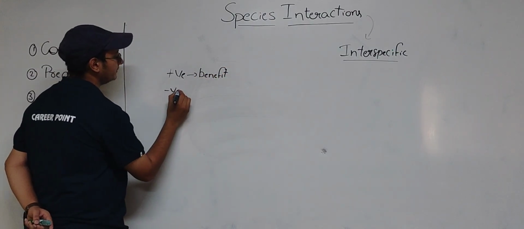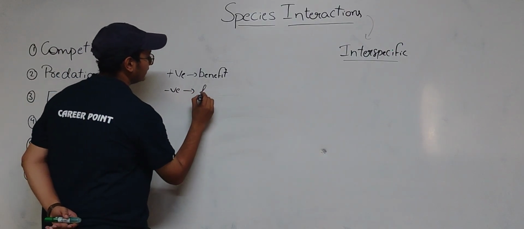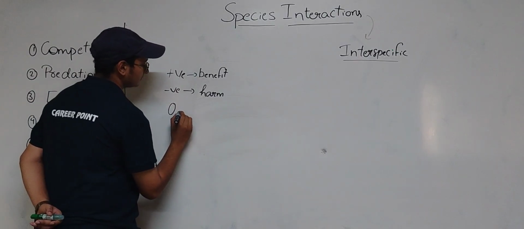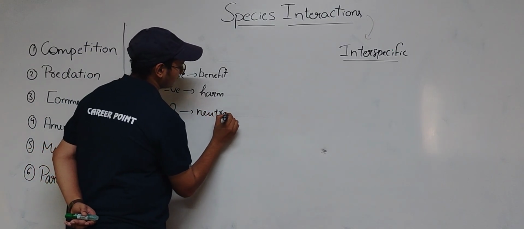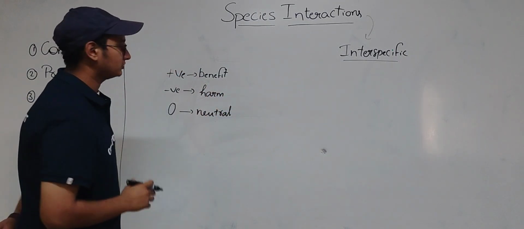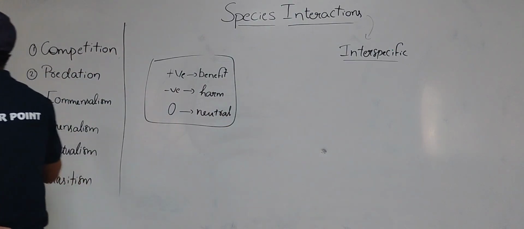Negative means the organism is getting affected, it is harmful for them. And zero means neutral, so neither are they getting any benefit nor harm. Please make a note of it.